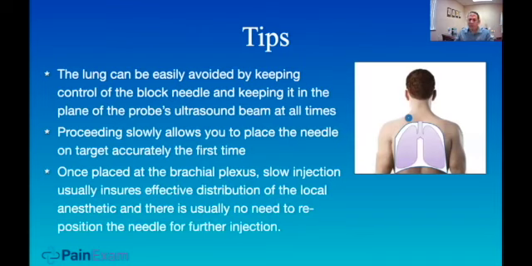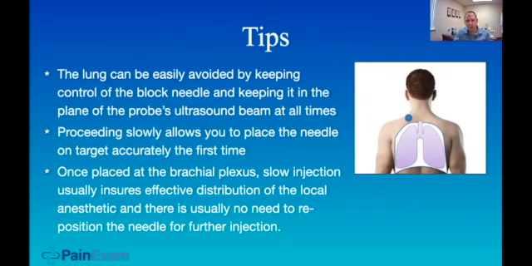So just some tips here. You can stay away from lungs by basically keeping everything in plane, seeing your lungs, seeing your needle, seeing the nerve, the target, just knowing where everything is. Go slow, take your time. And once you get to the brachial plexus, inject slowly in the area.